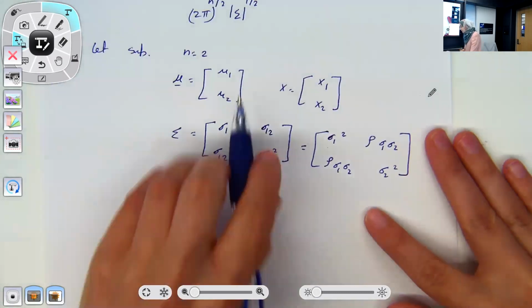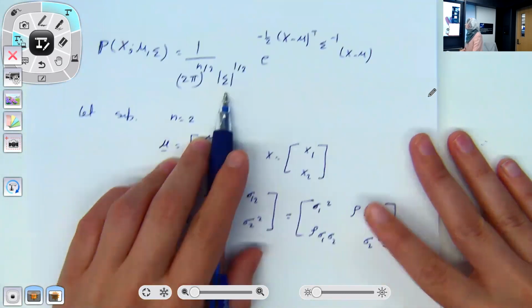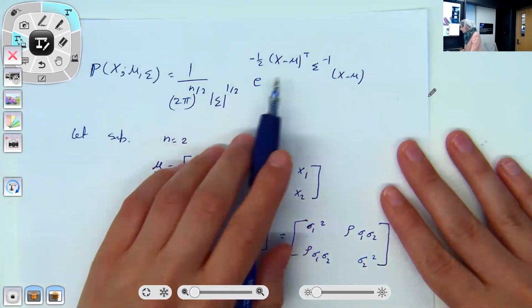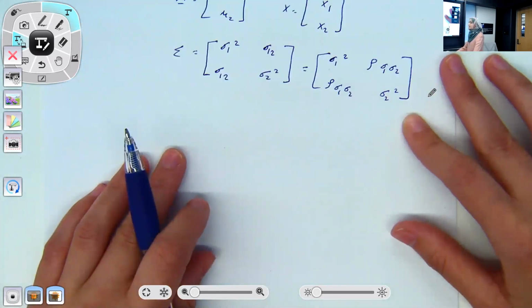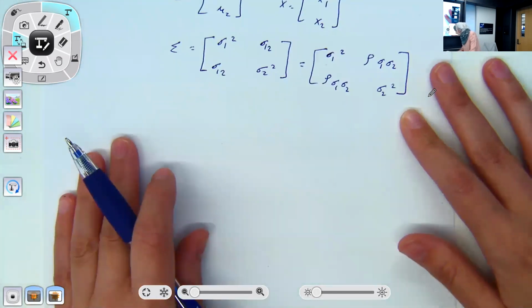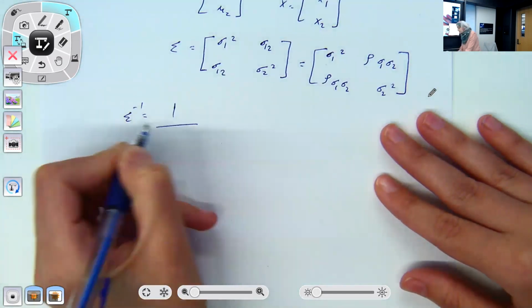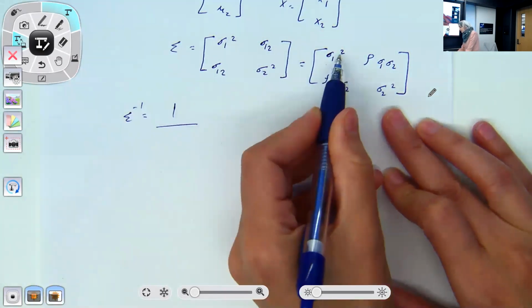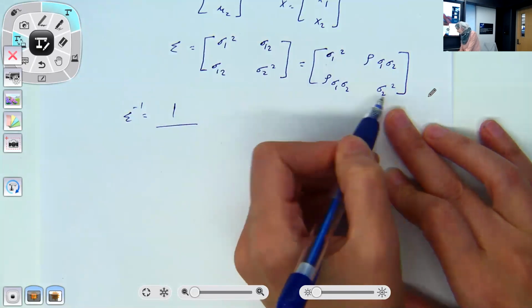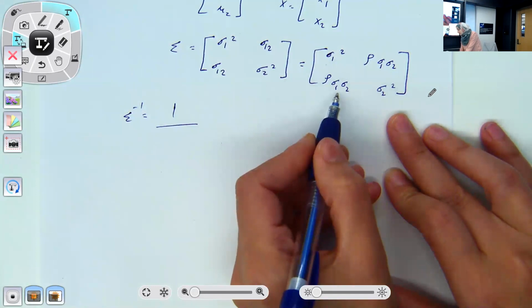If you look here, we need to find the determinant of this matrix sigma, and also we need to find the value of sigma inverse. This is a 2 by 2 matrix, so we can easily find sigma inverse. It is equal to 1 divided by the determinant of this matrix, which equals sigma 1 square multiplied with sigma 2 square, minus rho square times sigma 1 square sigma 2 square.